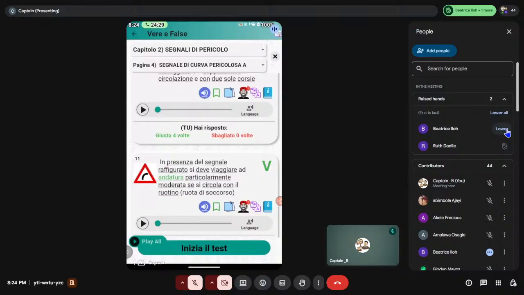Like an emergency tire, that emergency tire is not big like the normal tire. It's a very tiny tire. It's only made for emergency. In case you are traveling now and the tire of the vehicle bursts, you take that tire from your car and put it on.